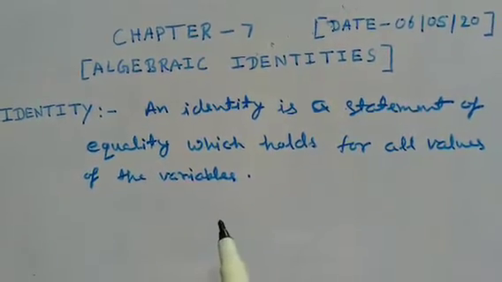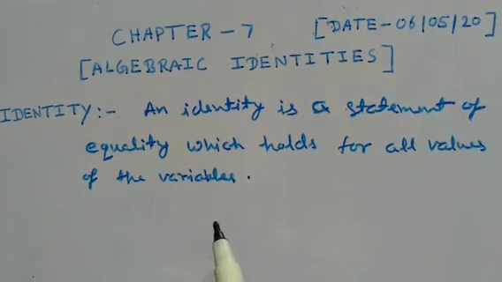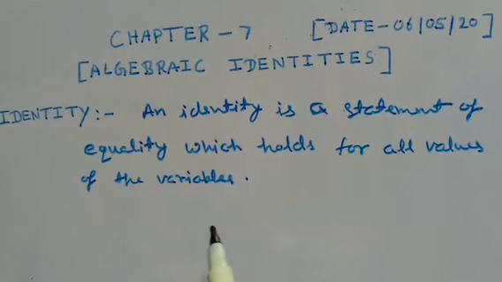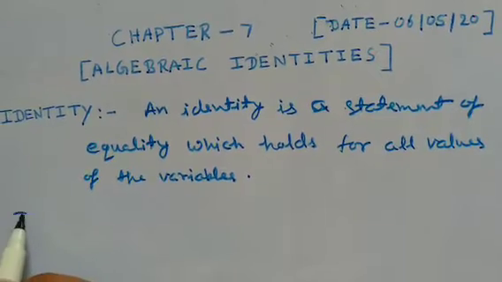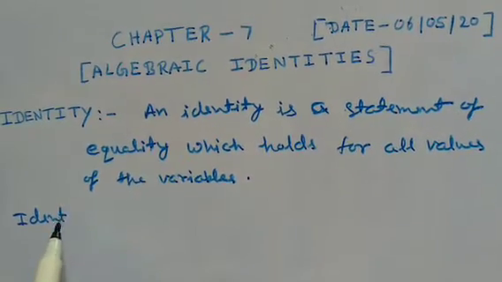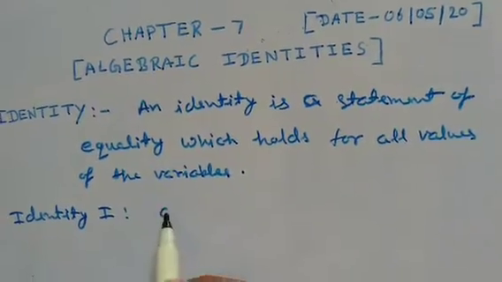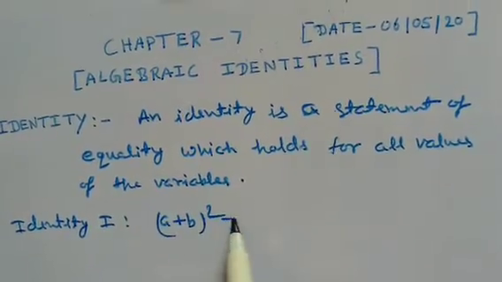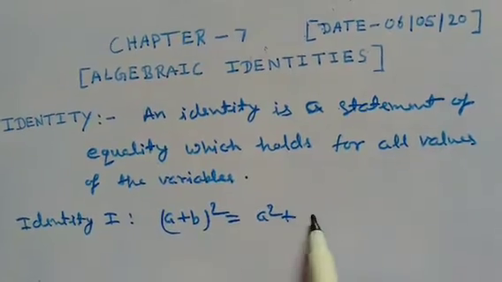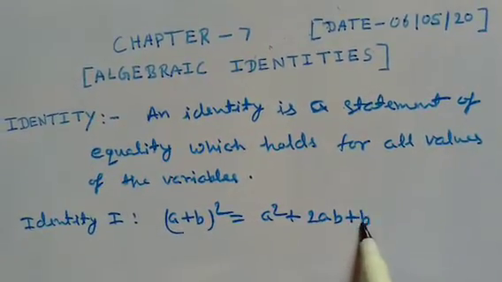In this chapter you have to learn 5 identities. Identity 1, (a plus b) whole square equal to a square plus 2ab plus b square.